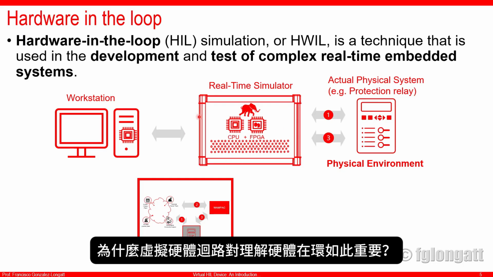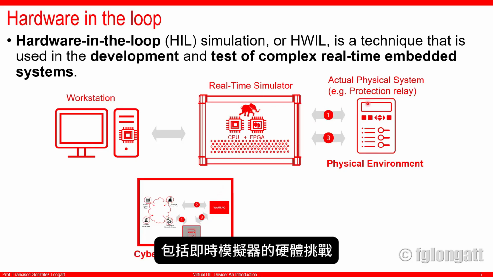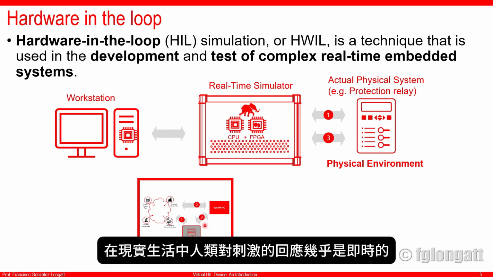Inside this real-time simulator, in a cybernetic environment, we are creating the model of the power system and the one pack that we are developing, and we are sending signals from the real-time simulator to the real physical relay to test the performance. And that is what I am representing over here, okay?